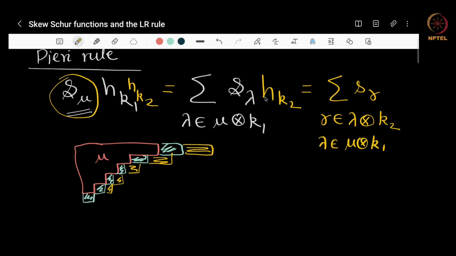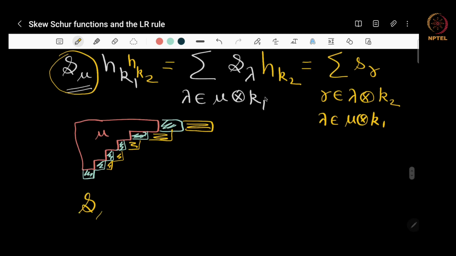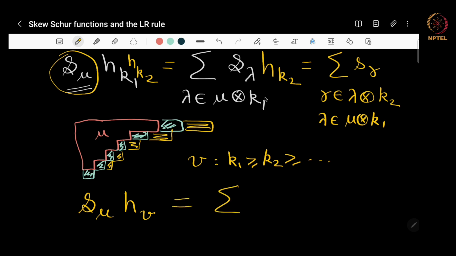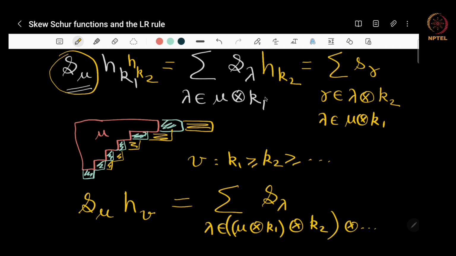But if you start with some s_mu and multiply it with h_k1, h_k2 and so on, where h_nu is just h_k1, h_k2 and so on, the answer is all lambdas, where lambda is obtained from the original mu by first attaching k1 boxes, then to that answer attaching k2 boxes, and so on, attaching k_l boxes, such that at every step they form a horizontal strip.